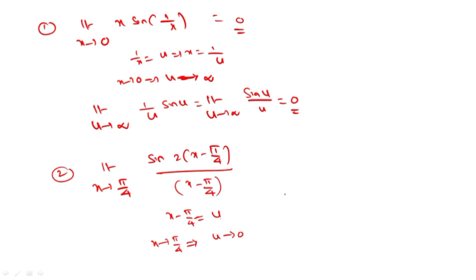So this will be written as limit u tends to 0 of sine 2u by u. Using the formula, limit x tends to 0 of sine mx by x is m, this will be 2.